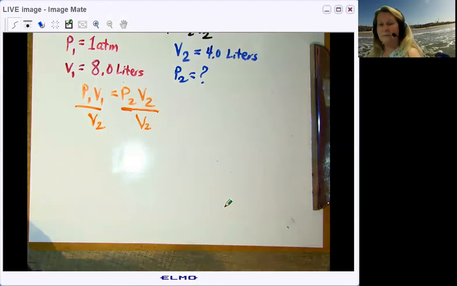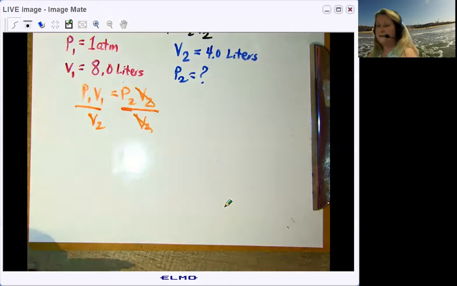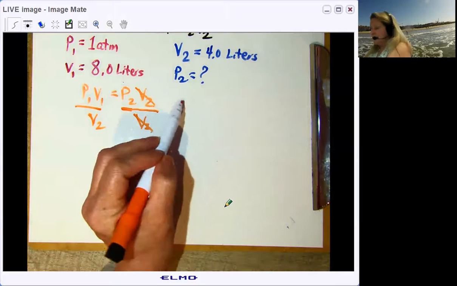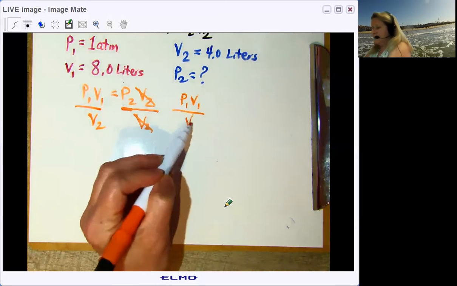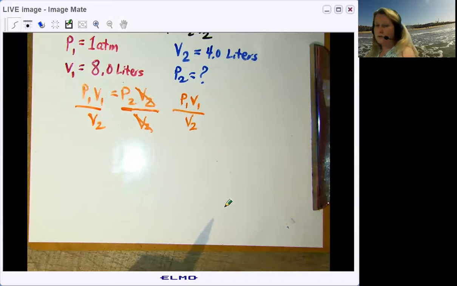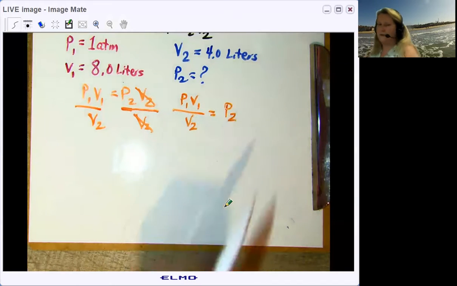So if I divide both sides of this equation by V2, V2 is going to cancel out on the right. And what I'm going to have left is that P1 times V1 divided by V2 is going to equal P2.